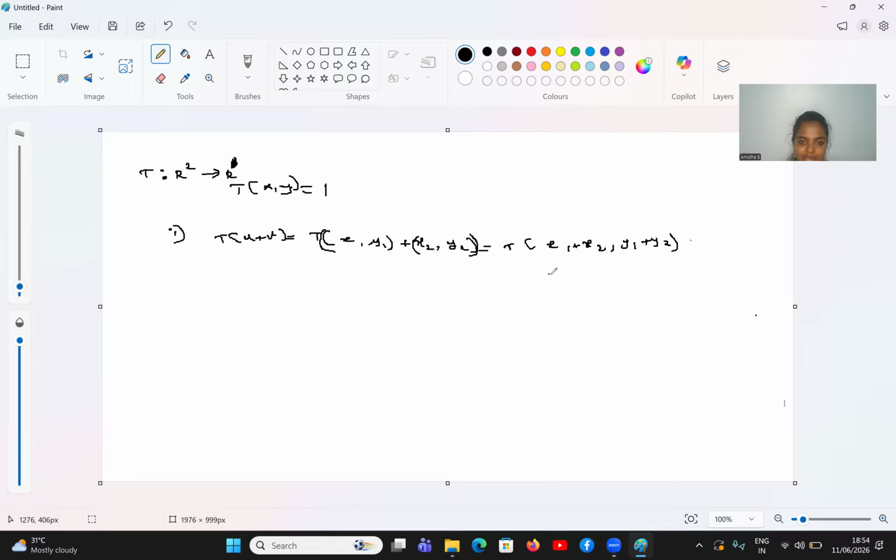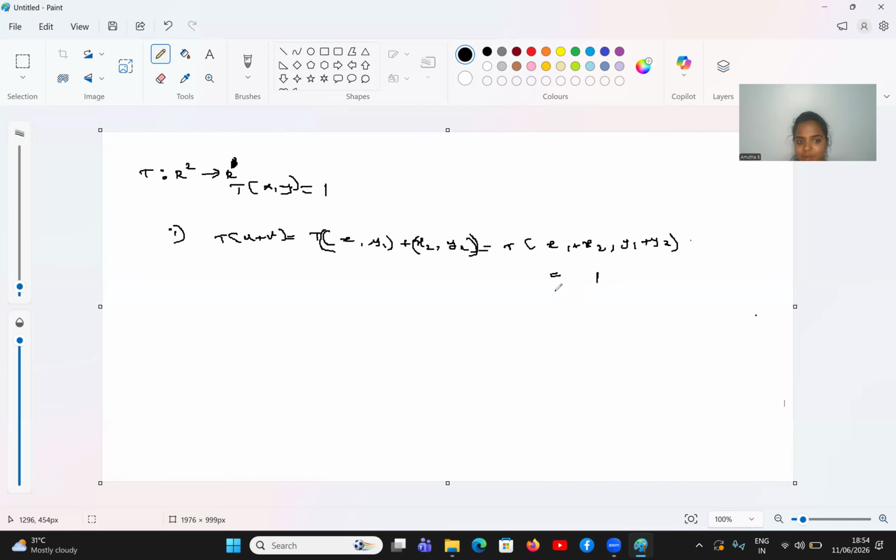Anyway, the map is equal to 1. Whatever the left hand side is, the resultant is 1, because this map is like that. So T of (x1 plus x2, y1 plus y2) equals 1.